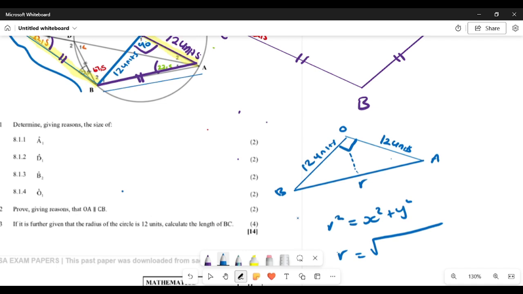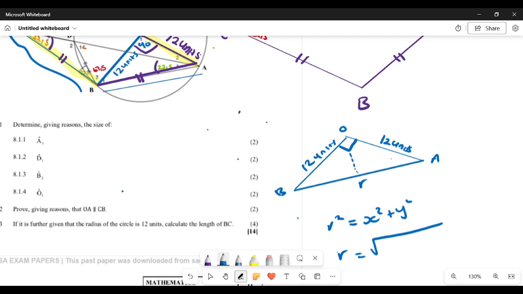Let me just punch that into my calculator, 16,97 rounding off to two decimal places, right? So the length from B to A is 16,97.